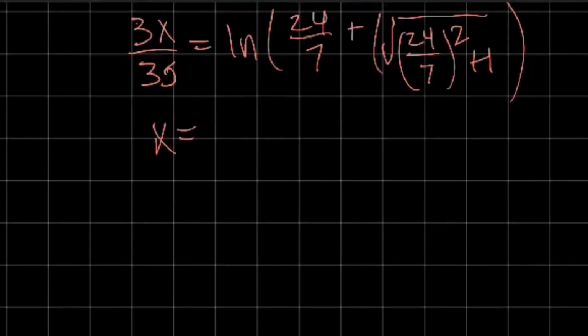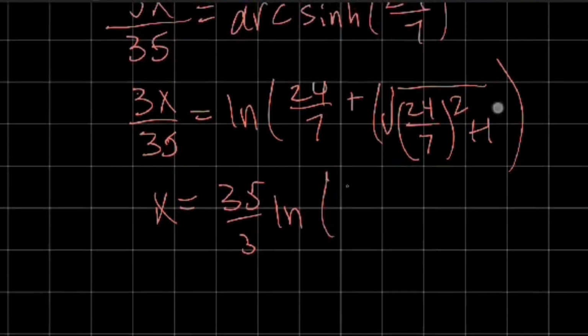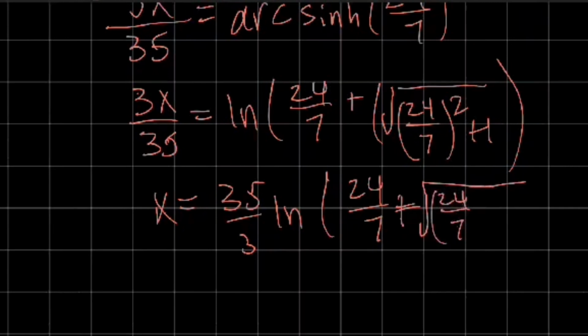Then we get that x is equal to 35 over 3 ln of this number here.